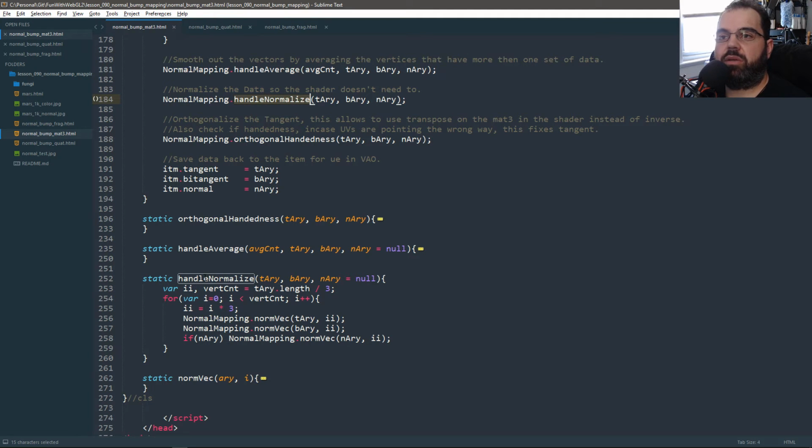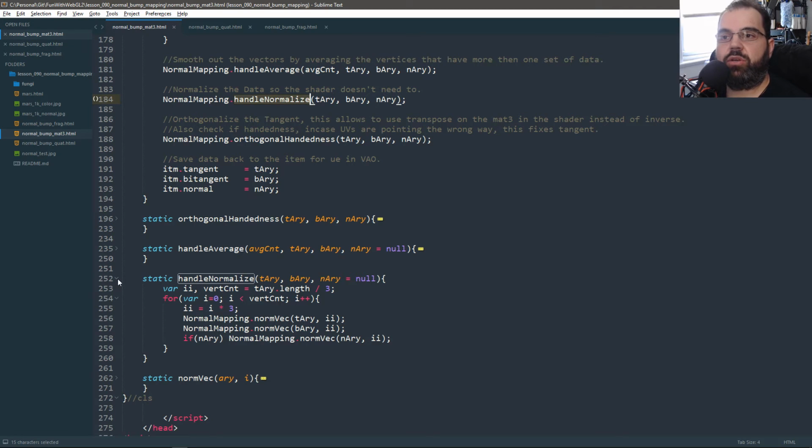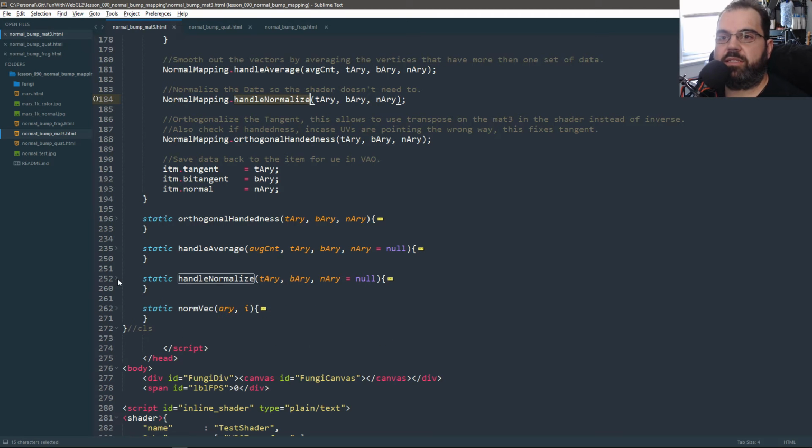Normalize and average should be able to be done in the same function. I just separated them out as steps, so you kind of know how this all works. This is not the most optimized way of doing it, but this is the most efficient way of showing you all the steps of how this works. So normalize and average should really be merged together as a single function call. Since you're processing through all the vertices, after you average it out, just normalize it.